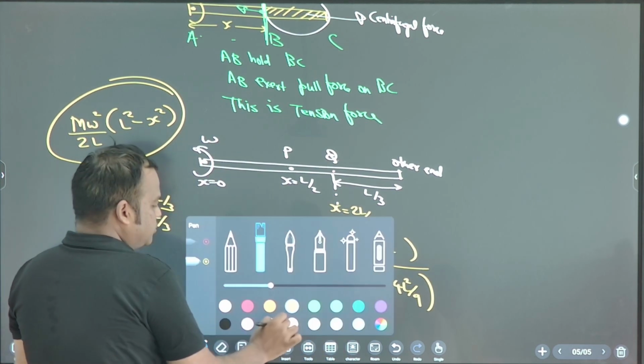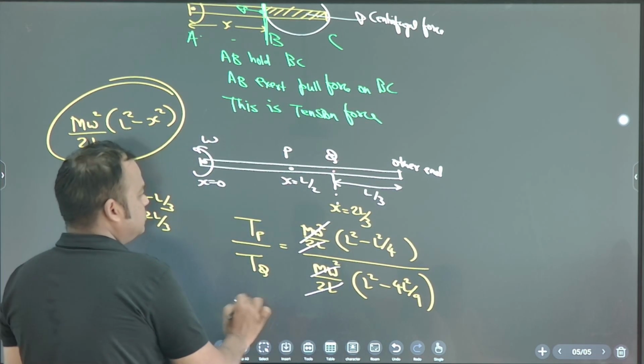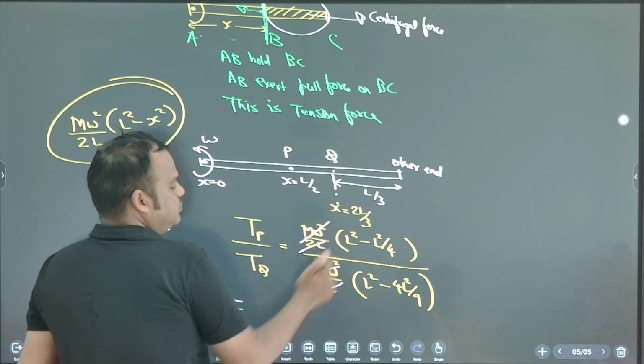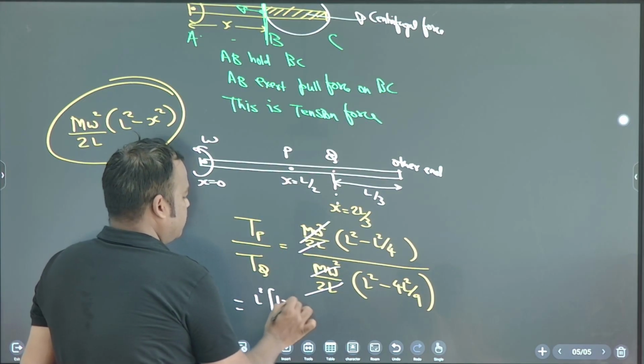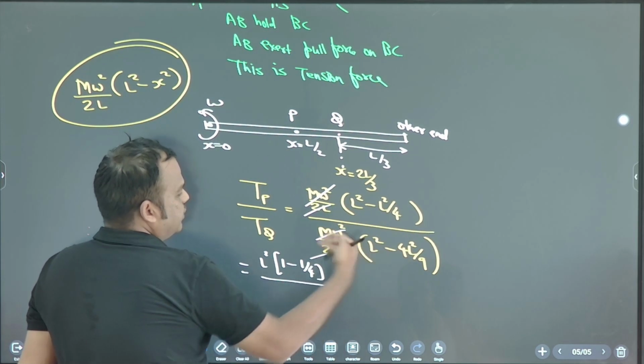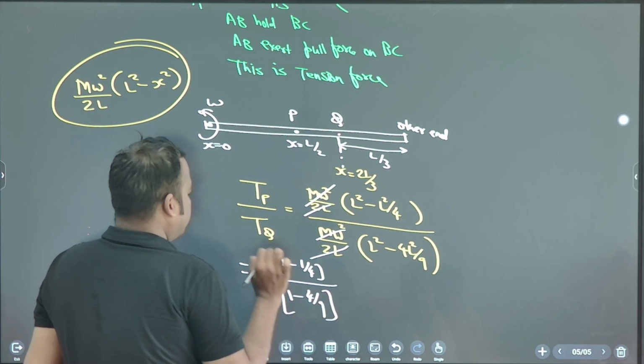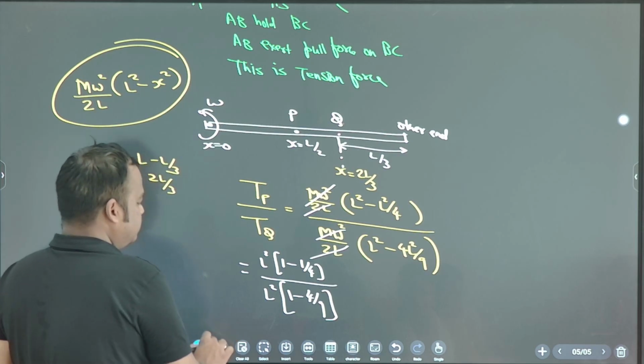So M omega square by 2L cancels. L square is common. 1 minus 1 by 4 divided by 1 minus 4 by 9. So L square cancels.